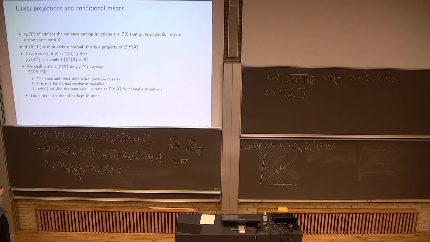If x and y are multivariate normal, then that is actually the same thing for the conditional expectation. So the conditional expectation minimizes the variance among linear functions that gives you uncorrelated projection errors. In the case where you have x squared, that's 1, but the conditional expectation is x squared. Of course, in that case it doesn't hold, but that's, as said before, due to the nonlinearity.